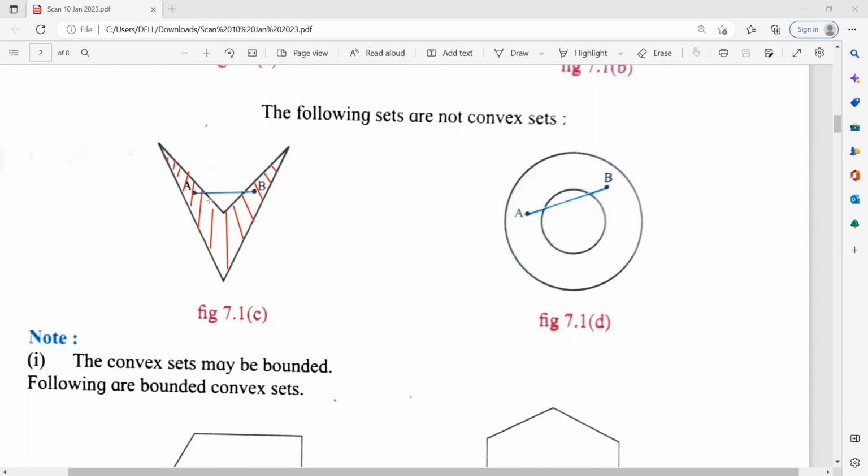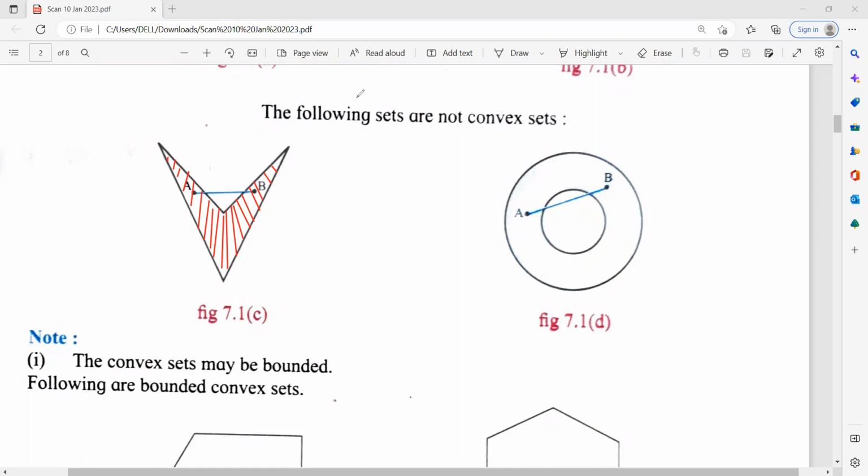Why? Because we have taken 2 points in this set. And what are those 2 points, my dear students? Those 2 points are A and B. Point A and point B both belong to the set.